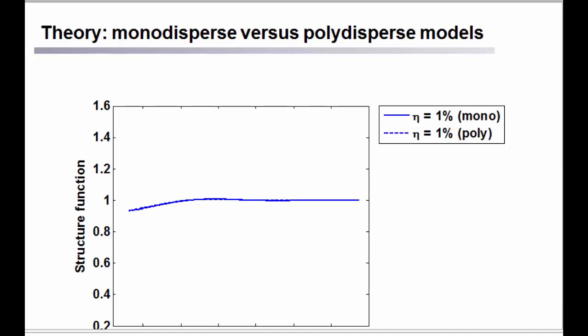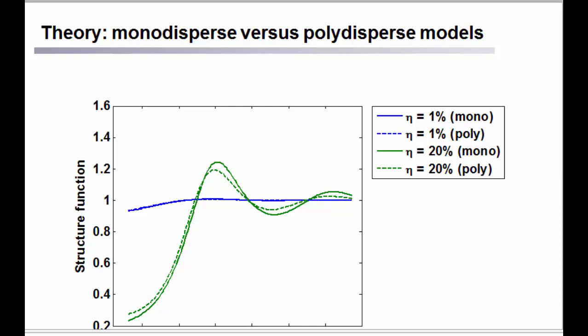So this is a comparison between monodisperse and polydisperse models for the structure function plotted as a function of Ka. And we plot the 1% volume fraction. This is a low concentration case. The structure function is close to 1, and monodisperse and polydisperse have similar results.